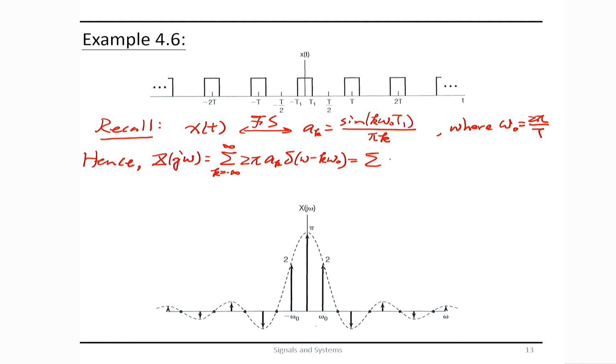So this becomes the summation of 2 pi a k, where a k is sine of k omega naught t1 over pi k, okay?